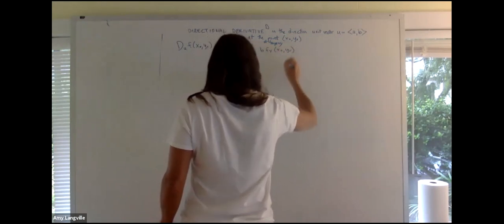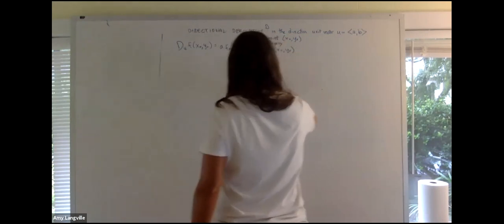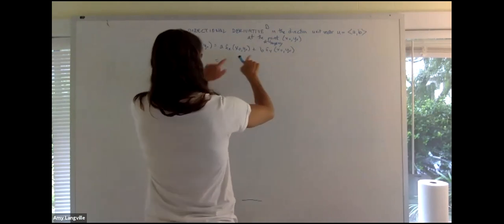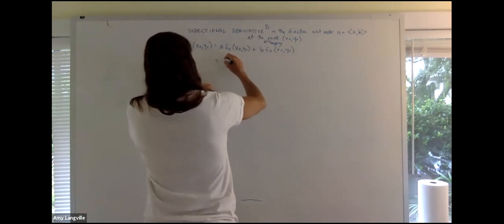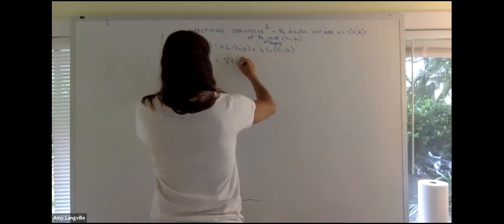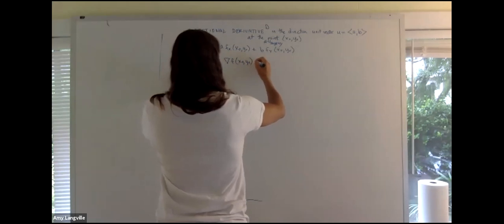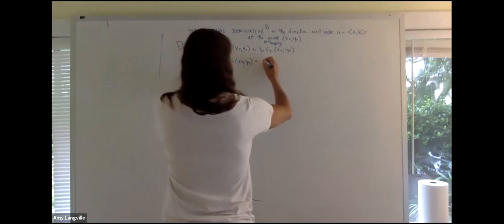y naught. And there's a shorthand way of writing that too, because if you take your partials and put them in a vector, you have a gradient. So we could say this is really the gradient of f at the point x naught, y naught, dotted with the unit vector u.